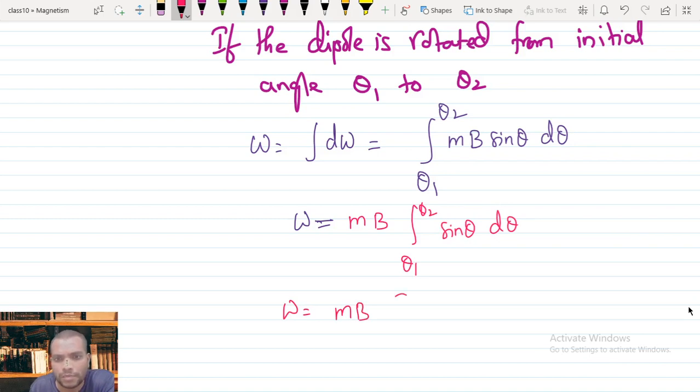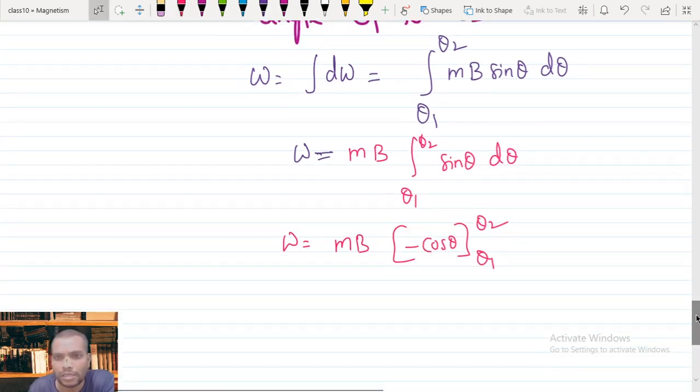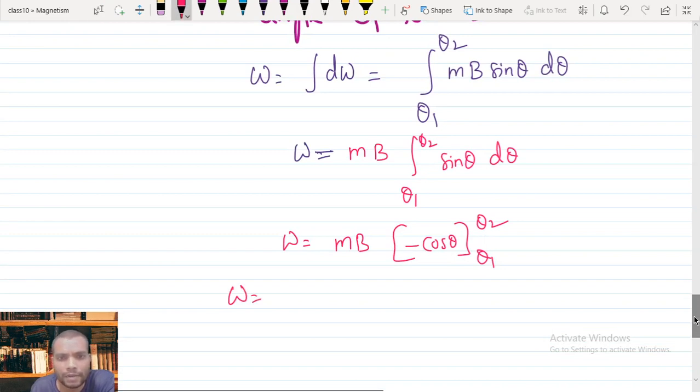So W equals mB integral sin theta, which goes to minus cos theta from theta 1 to theta 2. If we substitute the limits, it ends up like this: W equals mB of minus cos theta 2 plus cos theta 1.